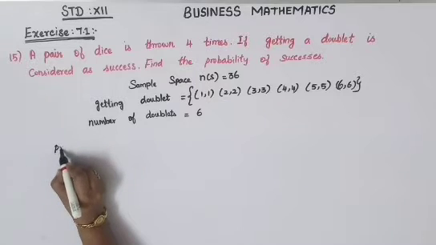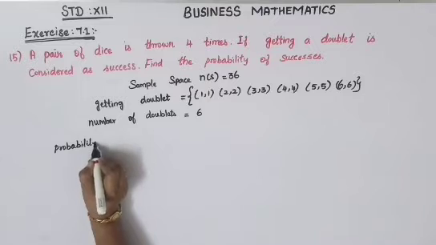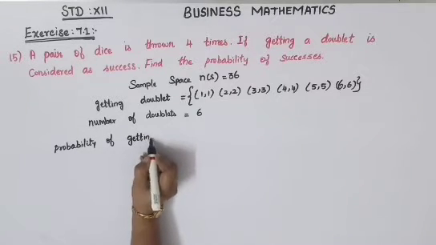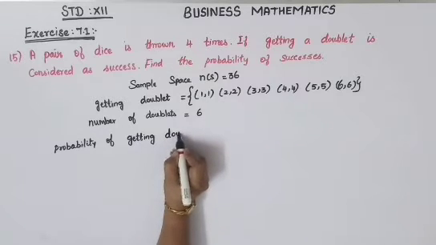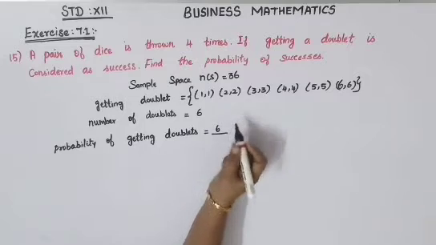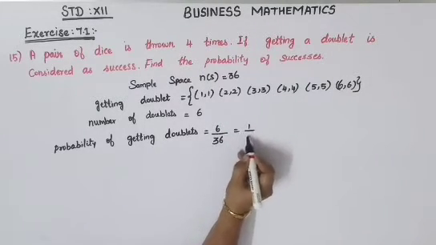Therefore, the probability of getting a doublet is 6 divided by n(S), so 6 by 36, which is equal to 1 by 6.